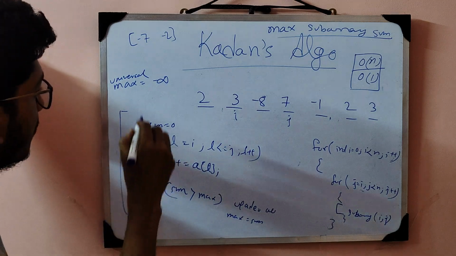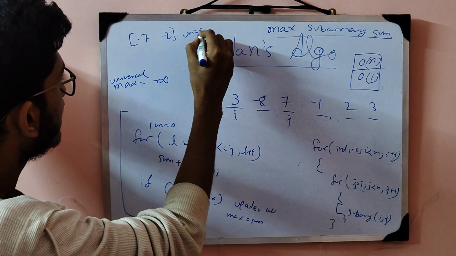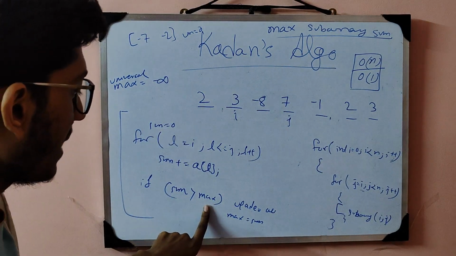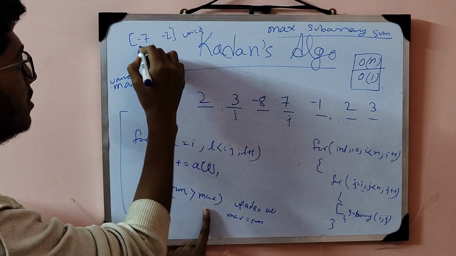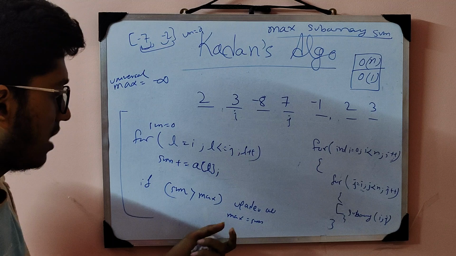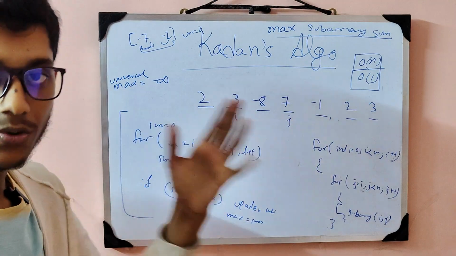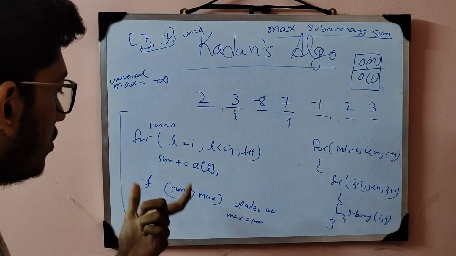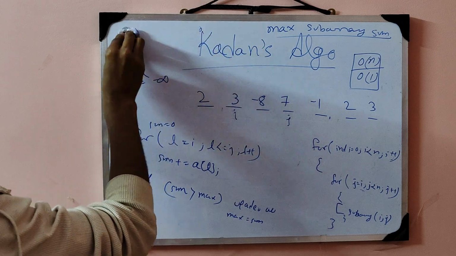If I update my universal max as 0, then my sum will never be greater than my max. Here the sum will be negative, right? Both sums, individual sums will be negative, and my universal max will be 0, and that is a wrong universal max. So we are using minus infinity here.